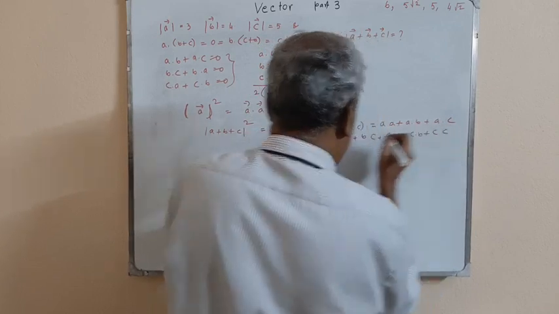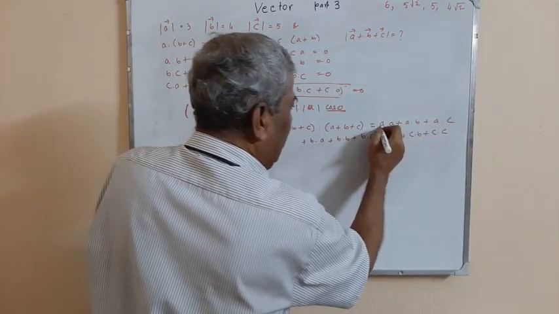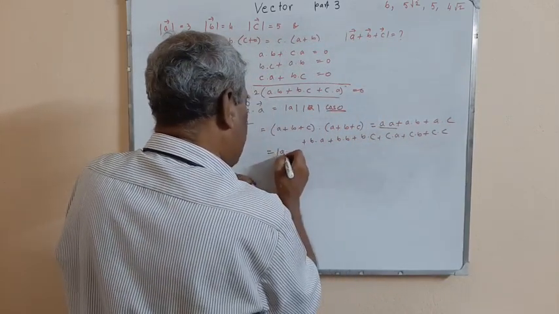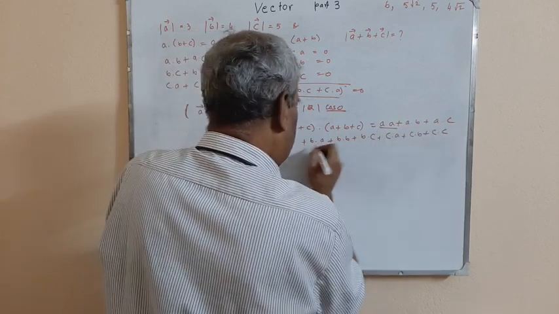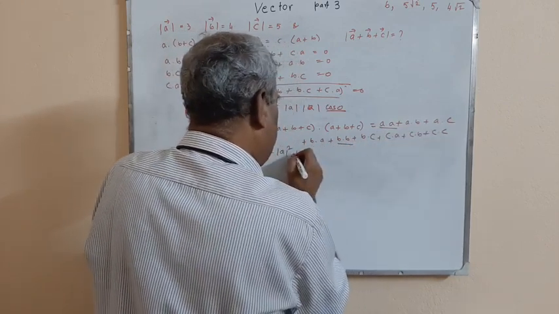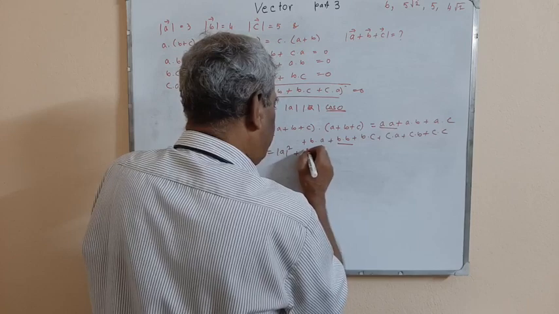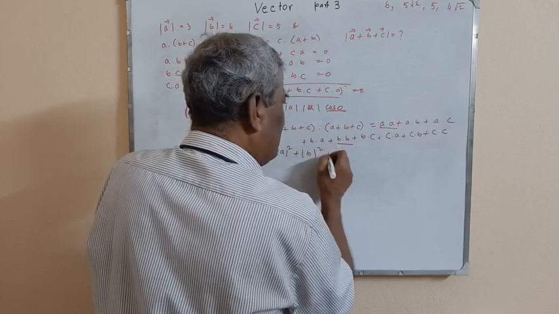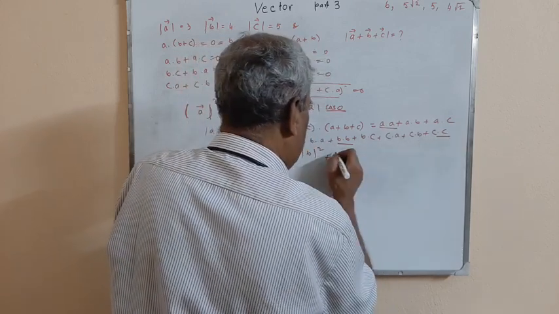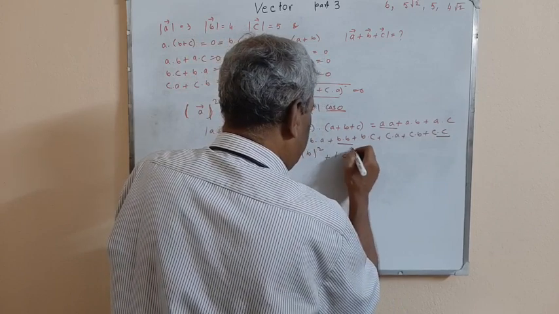This is A dot A, which means magnitude A whole square, plus magnitude B whole square, plus magnitude C whole square.